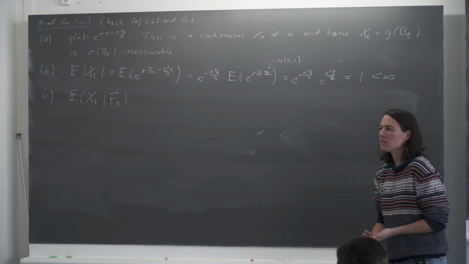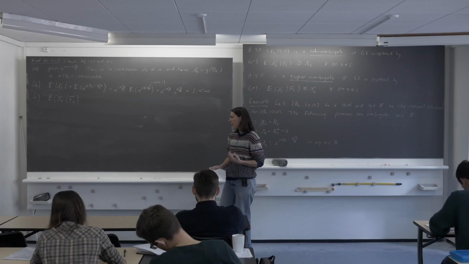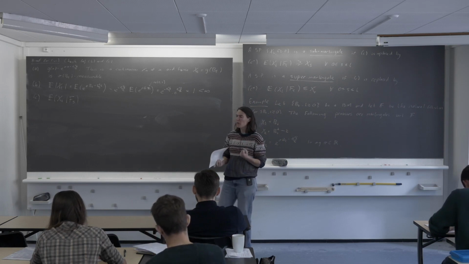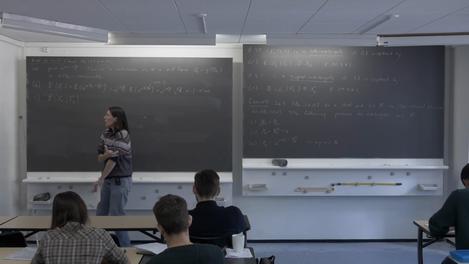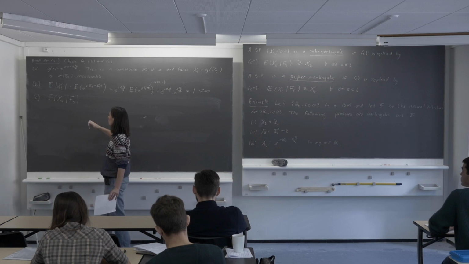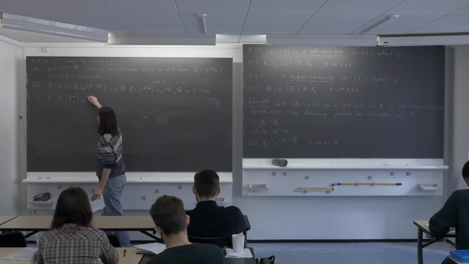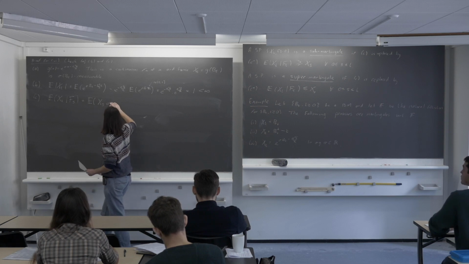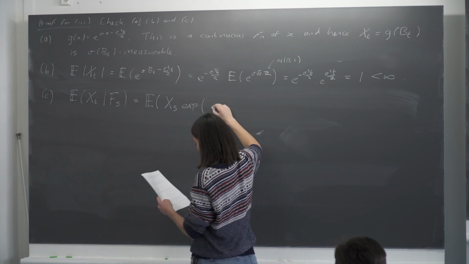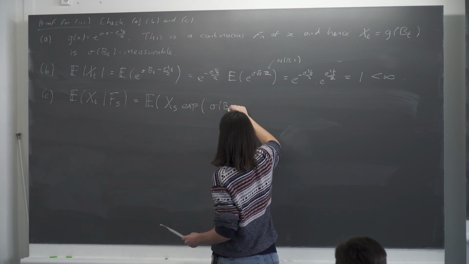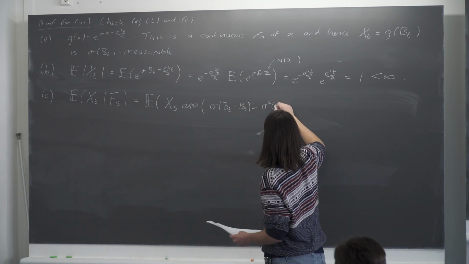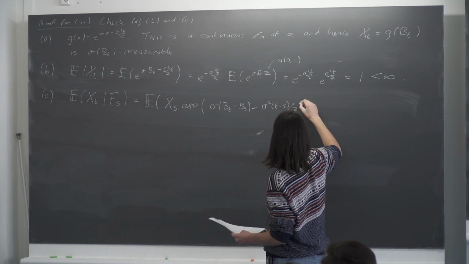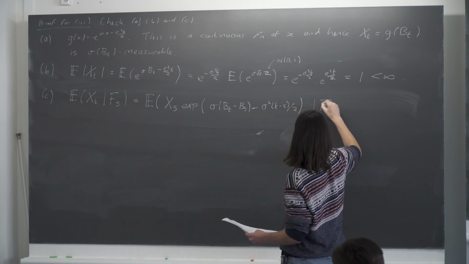So we need to use the properties of conditional expectation from the theorem, and in particular the one that said, well, we want to try and decompose this into something that's Fs measurable and something that's hopefully independent or close to being independent. So let's try and do this. So we can write this as Xs times the exponential of sigma (Bt minus Bs) minus sigma squared (t minus s) over 2, conditional on Fs.